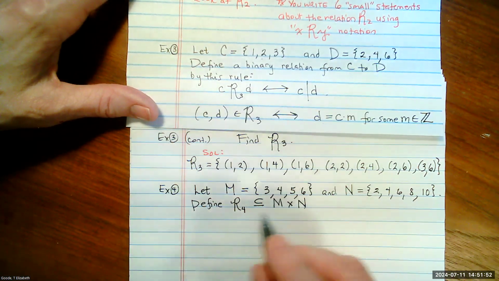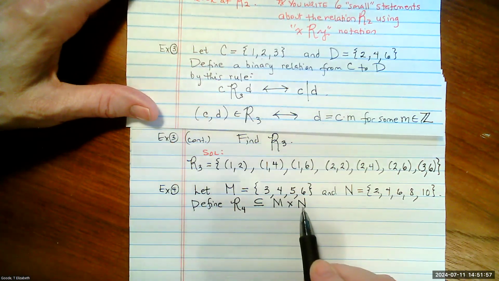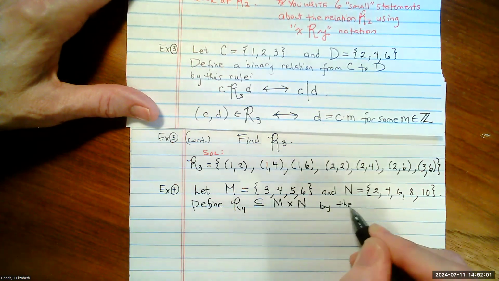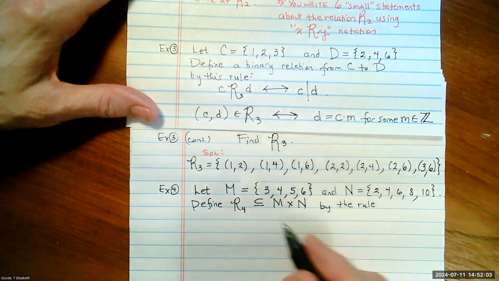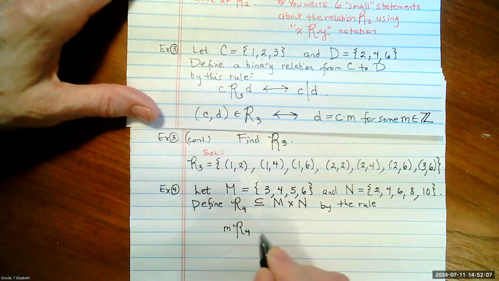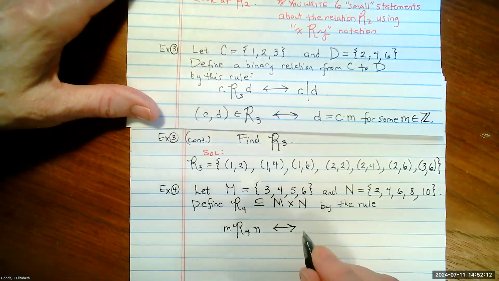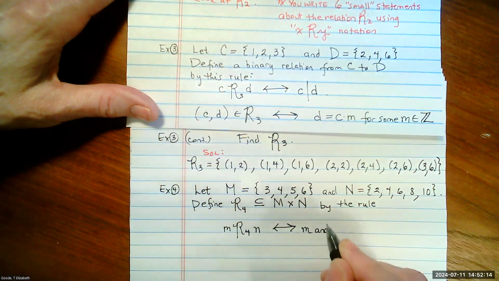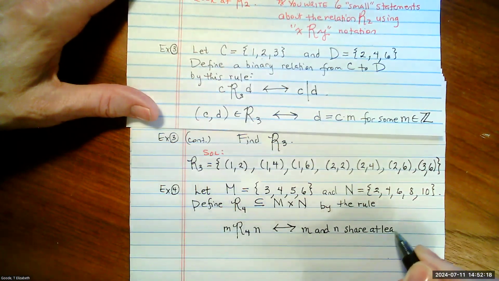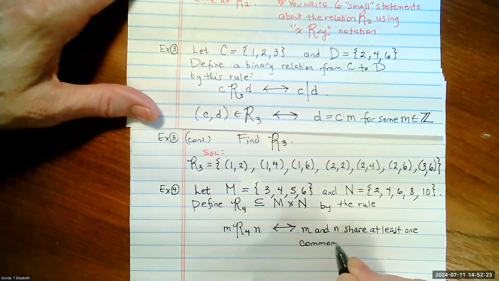So we're going to define curly R4, a binary relation from M to N, a subset of M cross N, by the rule: little m is R4 to little n if and only if m and n share at least one common prime factor.